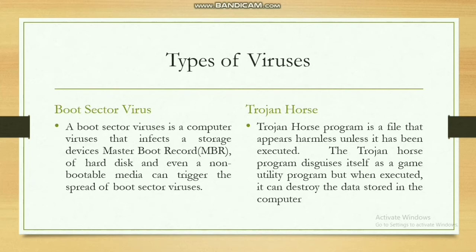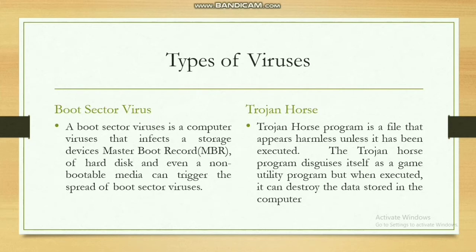The Trojan horse program. The Trojan horse is a file that appears harmless unless it has been executed. It appears just like a utility file, just like a game by Messi, and you may think that you are going to play with Messi today in the game, and when the Trojan horse program disguises itself as a game utility program, but when executed it can destroy the data stored in the computer.